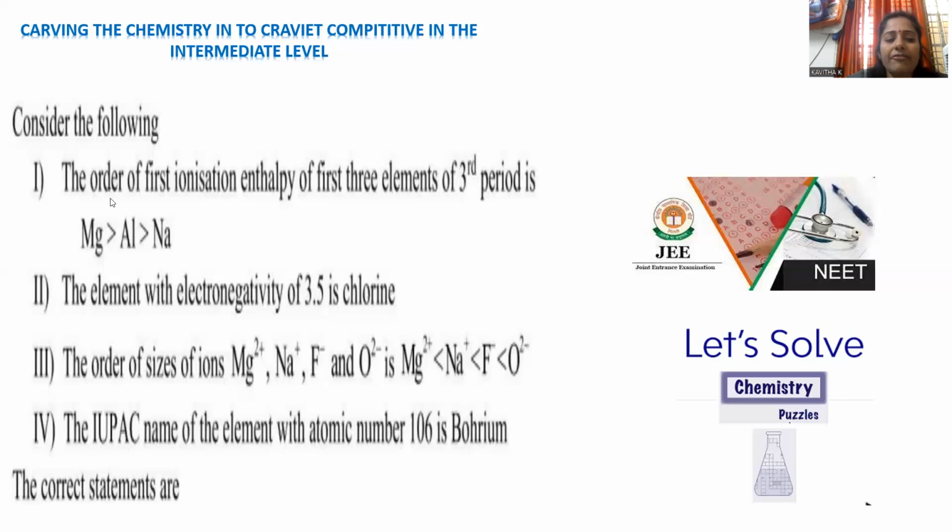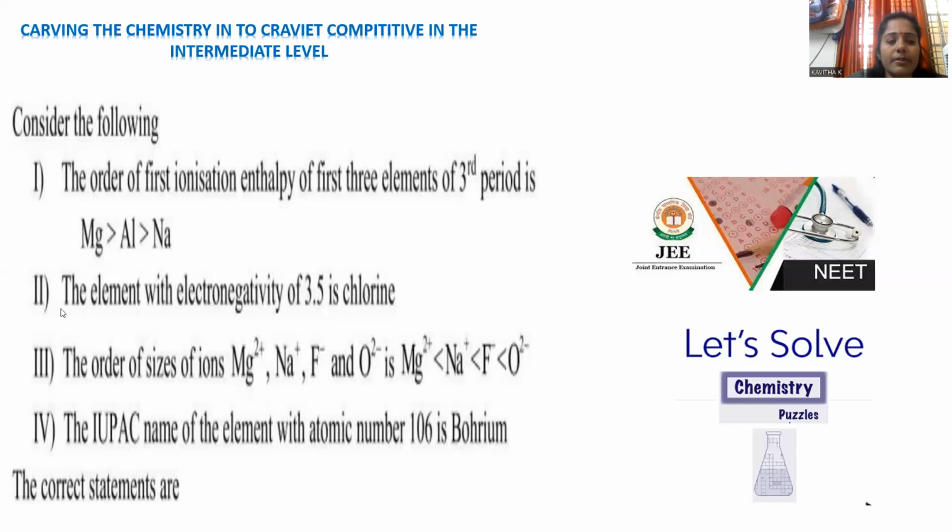Completely filled and half filled configurations are more stable and require higher energy for the removal of an electron. That's the reason why magnesium has the higher ionization enthalpy, the next will be aluminum, and obviously the least will be sodium, being the first main group element, S block. Fine. So this is the right order only.